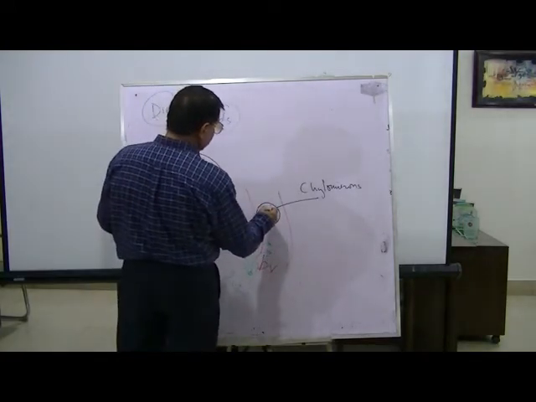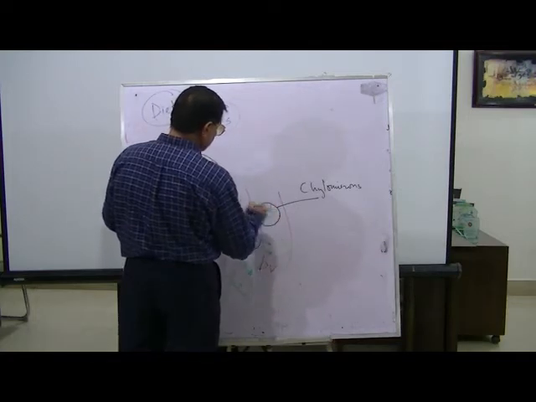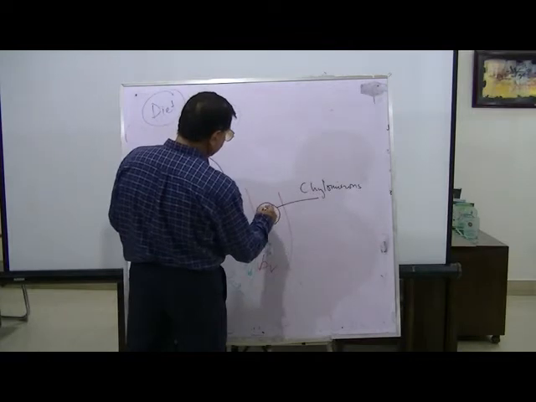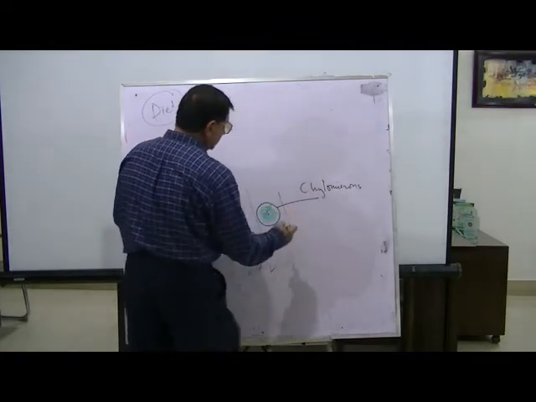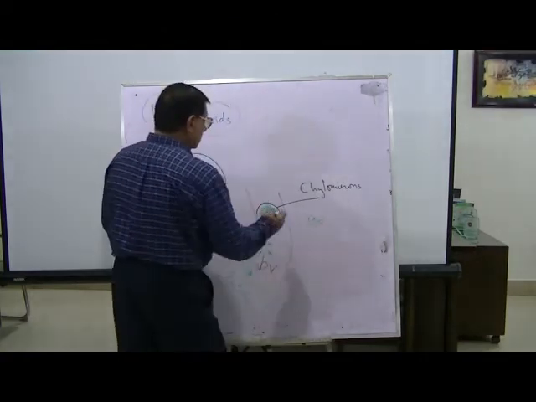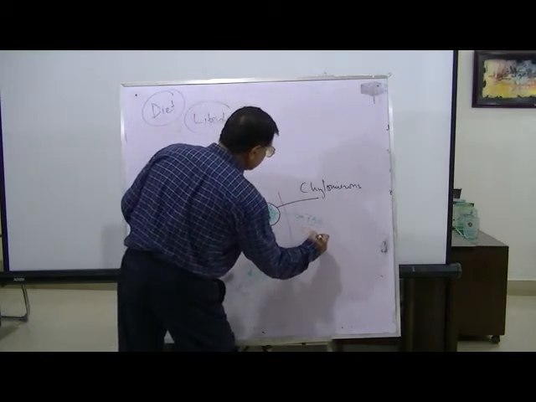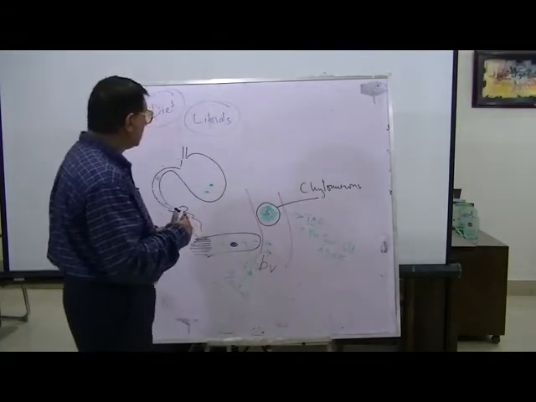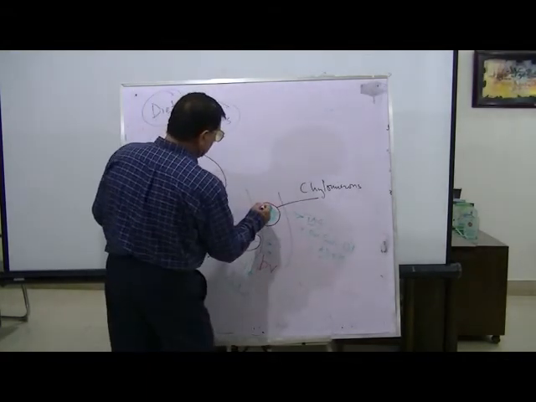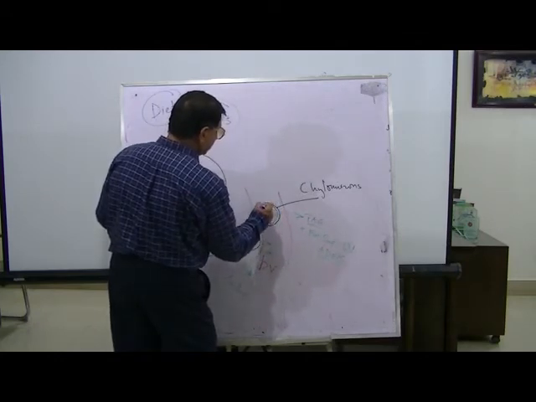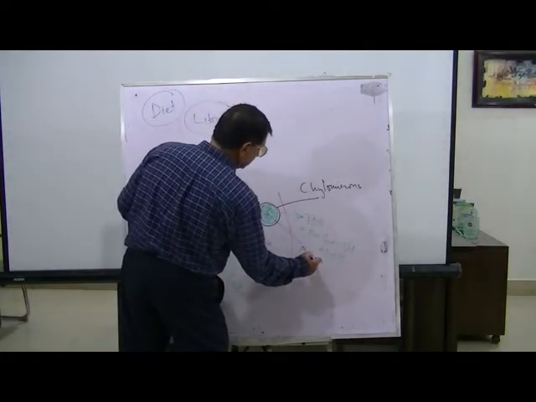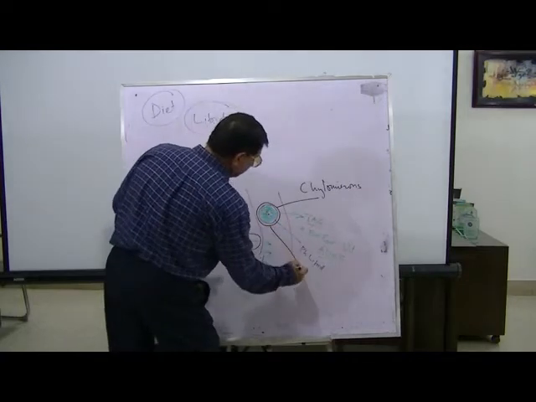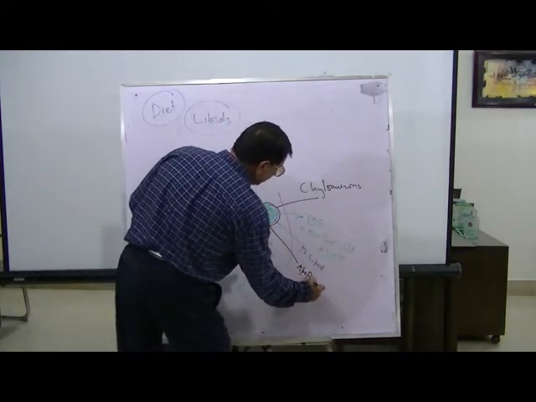In the center there is a lot of triacylglycerol and a little amount of cholesterol ester, but most of it is triacylglycerol, plus fat soluble vitamins, A, D, E and K. Then they have got a covering of phospholipids, and on the outside there is apoprotein, ApoB48. This one is a chylomicron.